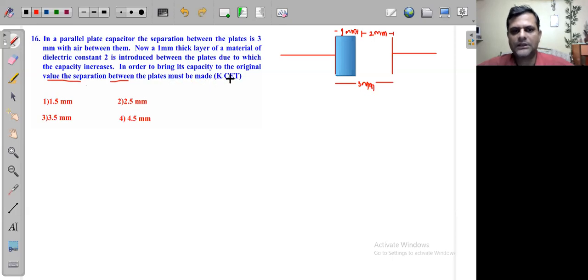That means now we are going to move this plate in this direction here.